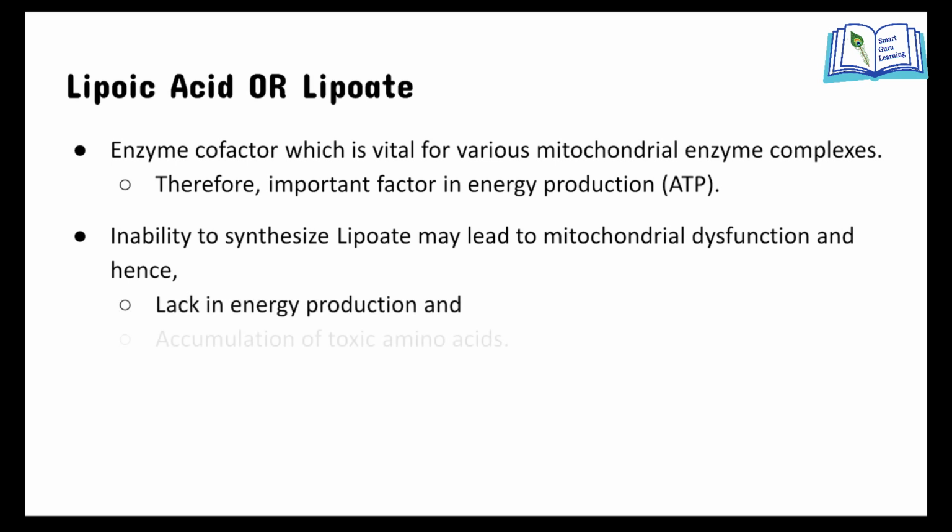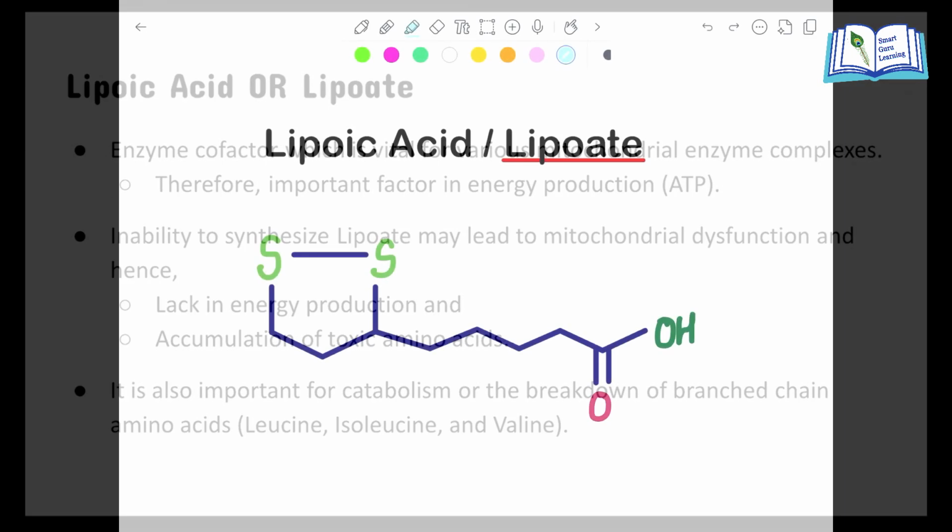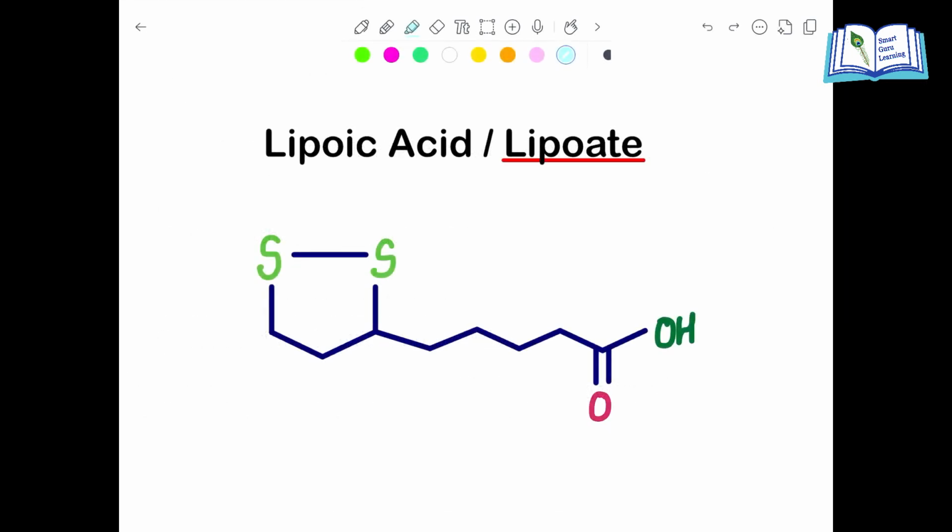It may lead to the lack of energy production and accumulation of toxic amino acids. Besides this, it is also an important cofactor of enzymes that are involved in catabolism or the breakdown of leucine, isoleucine, and valine, which are referred to as the branched chain amino acids.